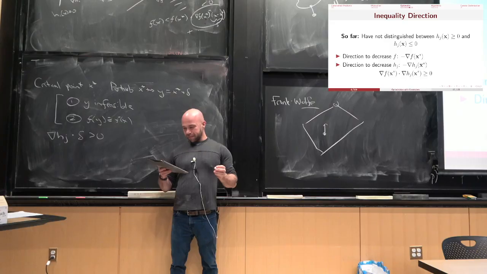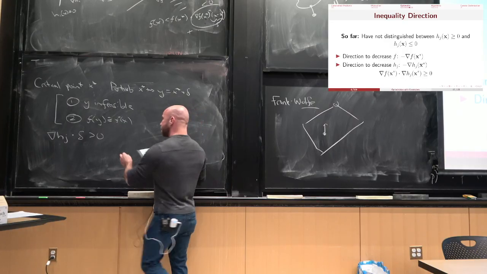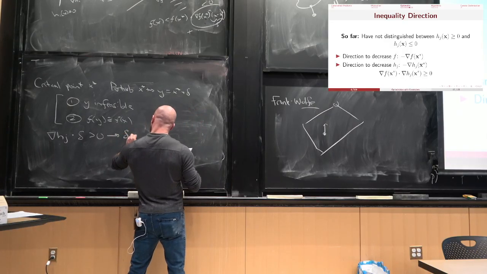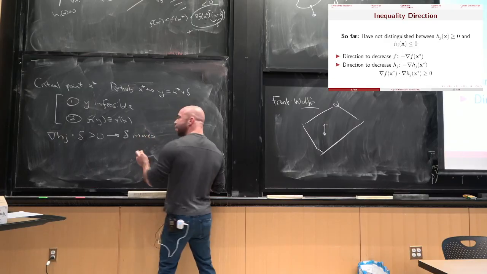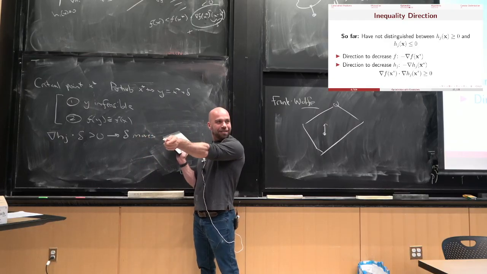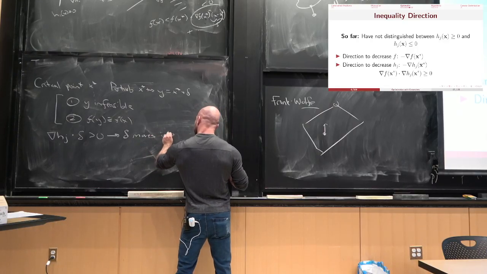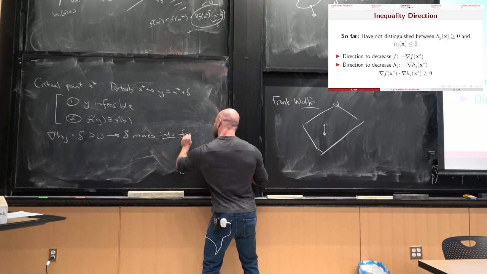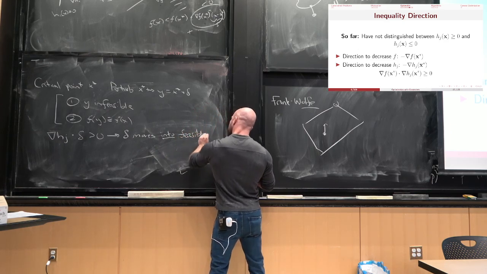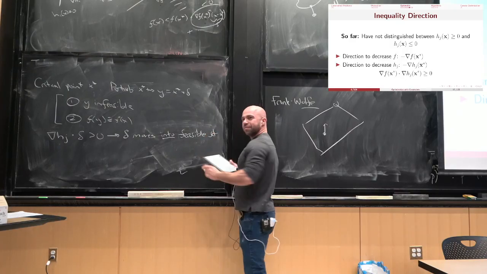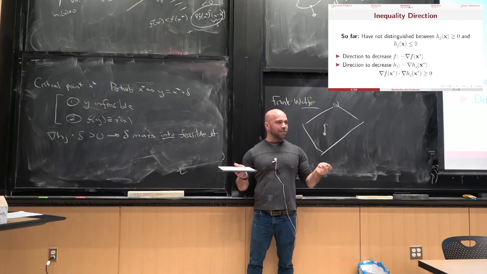What does that mean? Well, that means that delta moves into the feasible set. I'm writing this out in words because I want us to have a reference as we derive the equations. Everybody agree with me? I think we said this in a lot of different forms now.